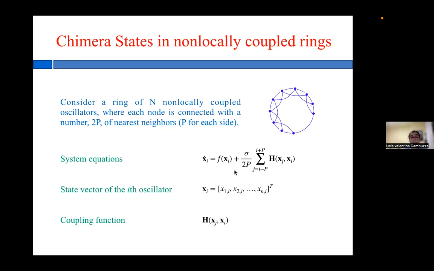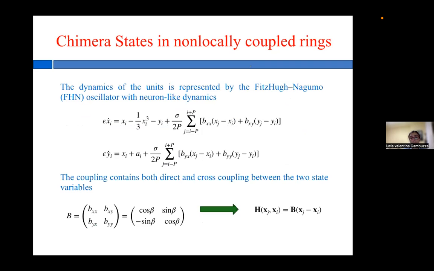The system equation can be represented in this way: the dynamics of the units plus the coupling function, which is represented by this function h. In our case, I just want to show you a different setting with different unit dynamics.